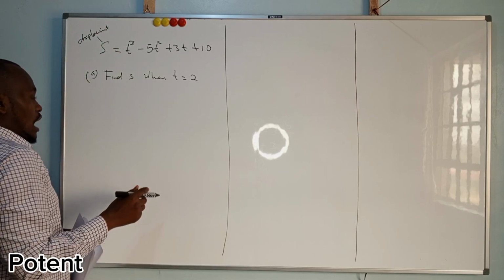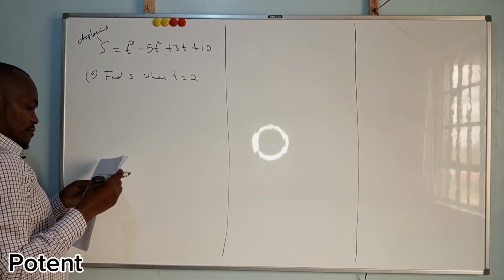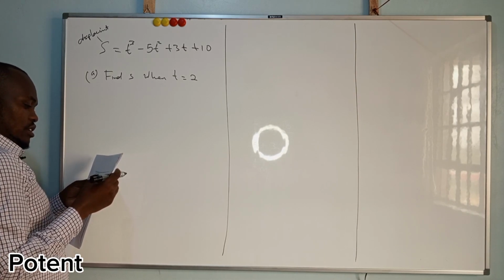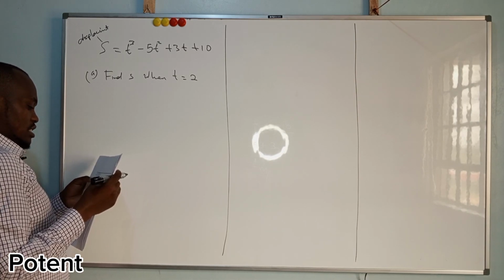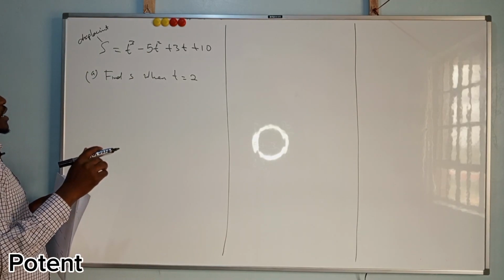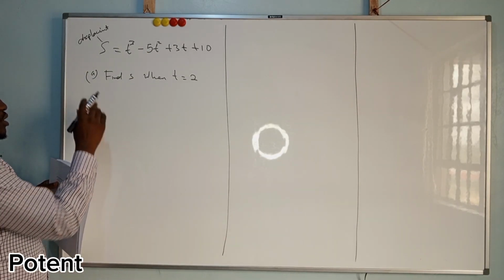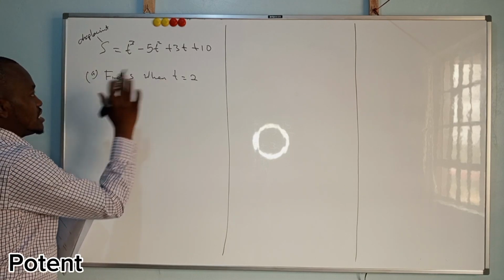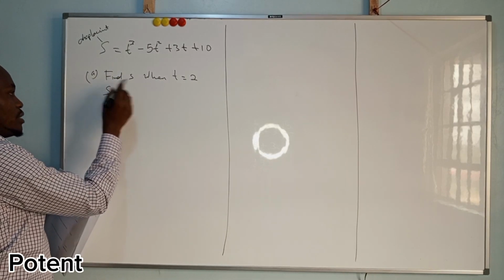It is given as that of a moving particle from point O after t seconds. So the first question asks to find s when t is 2.